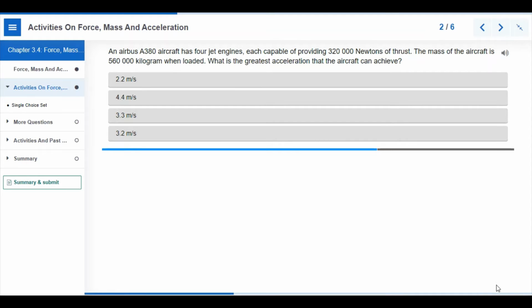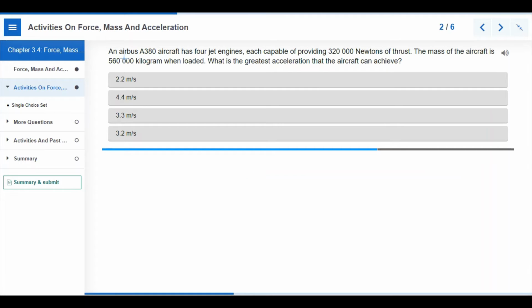An Airbus A380 aircraft has 4 jet engines, each capable of providing 320,000 newtons of thrust. The mass of the aircraft is 560,000 kilograms when loaded. What is the greatest acceleration that the aircraft can achieve?